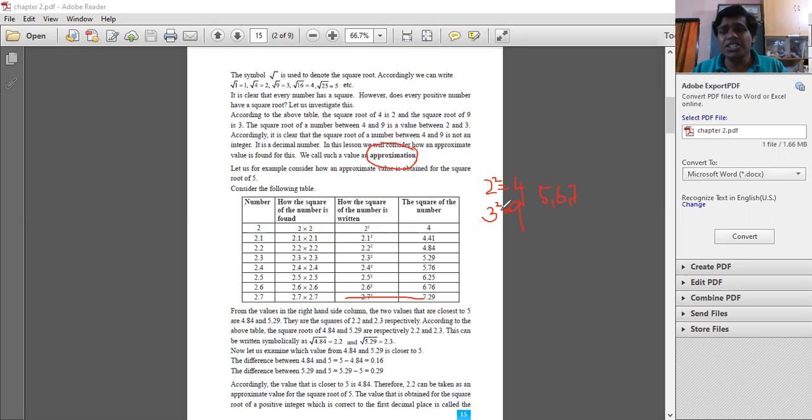But are we really sure about the exact decimal place? Between 2 and 3 it should be a decimal: 2.1, 2.2, 2.3, 2.4. Actually, there are infinite numbers between two digits, if you know that. There are infinite numbers like 2.111113.